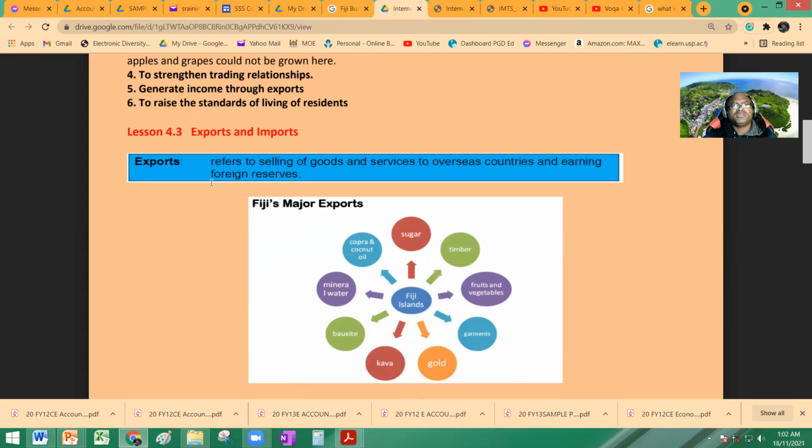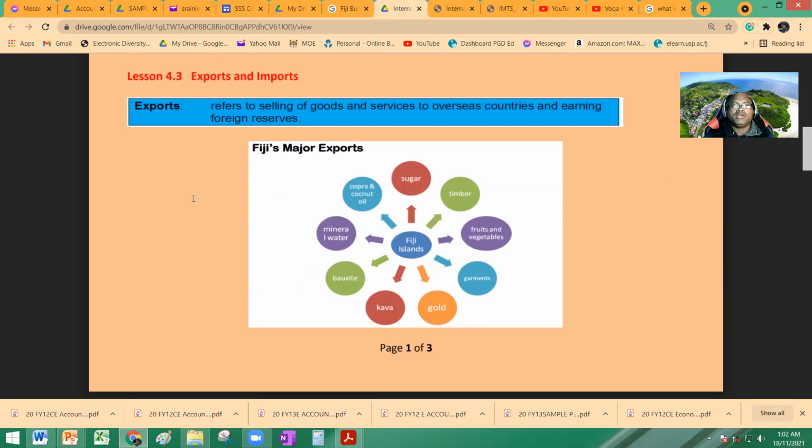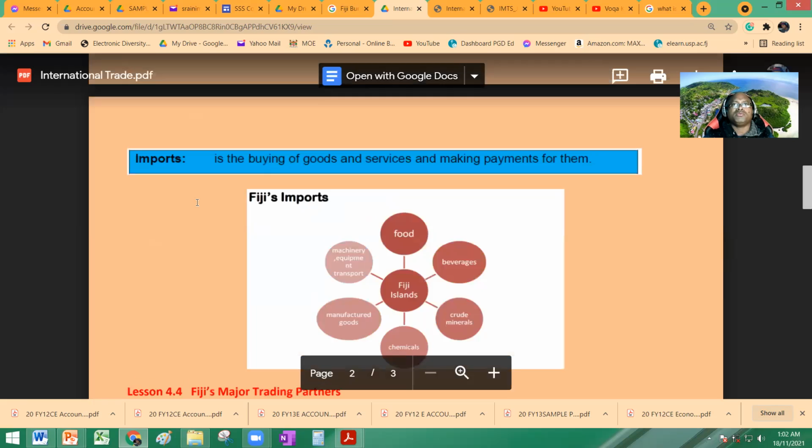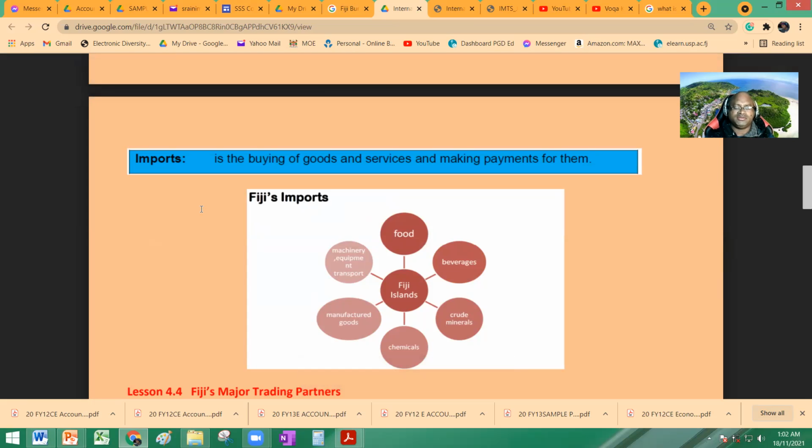Next, export and import. Export means selling overseas, selling of goods and services overseas. As a result of selling, you earn foreign exchange. Whereas import is buying from overseas. So those are the two aspects of trade: buying, import, and selling, export.